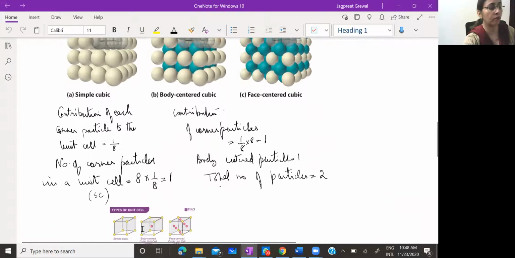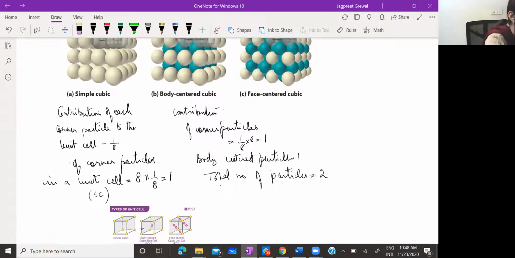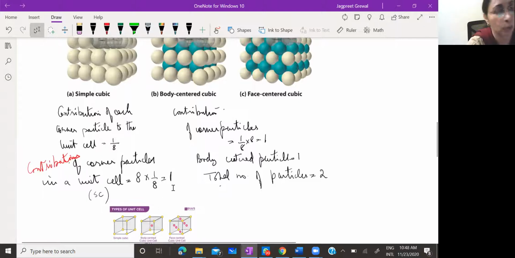So the contribution of corner particles to the unit cell is 8 into 1 by 8, that is equal to 1. What does it mean? A simple cubic unit cell has only one particle.